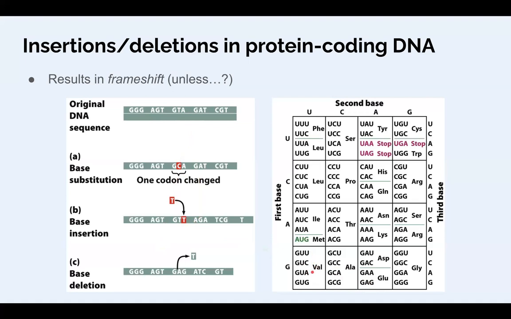Didn't change anything here, but it had a big change on the next codon. So the insertion of that T changed the next codon from a GAT to an AGA. And that would be AGA over here, arginine, so putting it into a whole different row of the codon table.